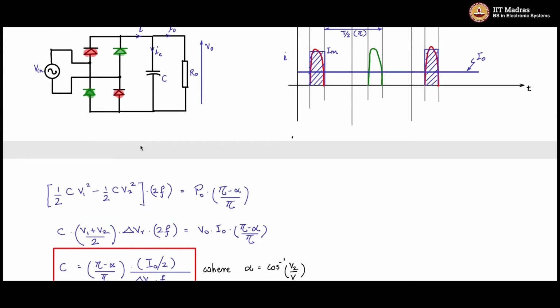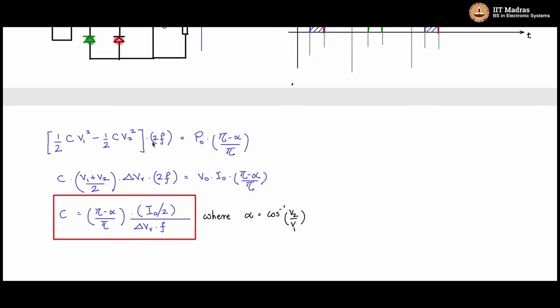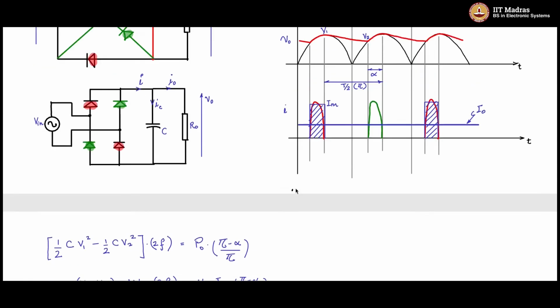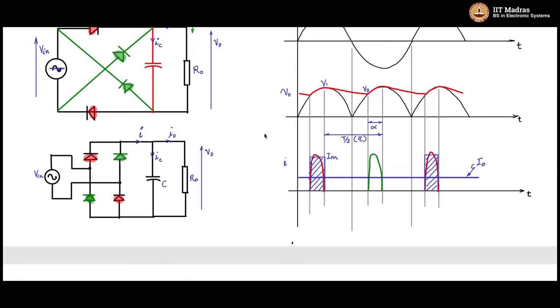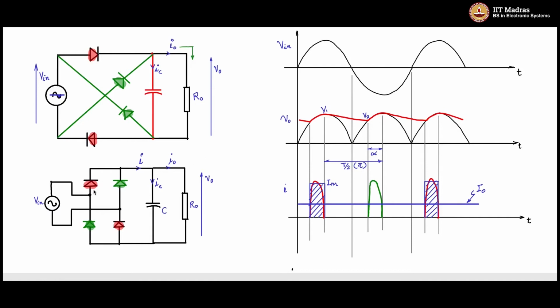In this case, the PIV of the diode is also reduced. The PIV of the diode just has to be greater than V1, the peak value, because when this diode is conducting, the voltage across this diode is off, and the voltage across that is max V1 or Vm, the max of Vin.